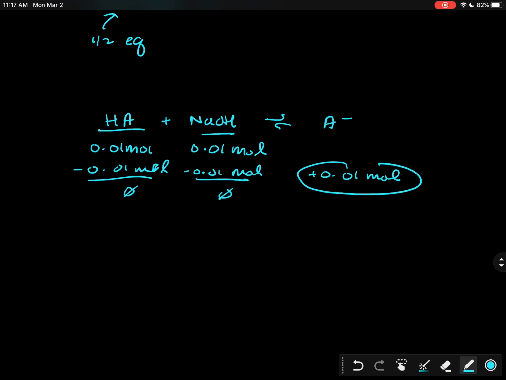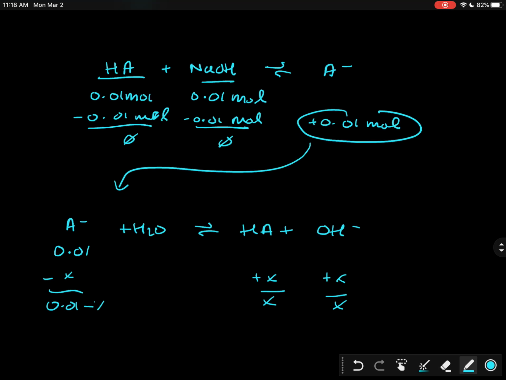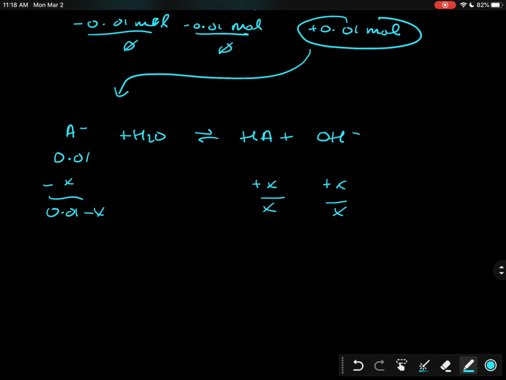To find the pH here, we would say A minus plus H2O goes to form HA plus OH minus. So this is now minus x, plus x, plus x. This is just a normal ICE table, and then you would use the Kb. Remember, you can derive the Kb from the Ka.